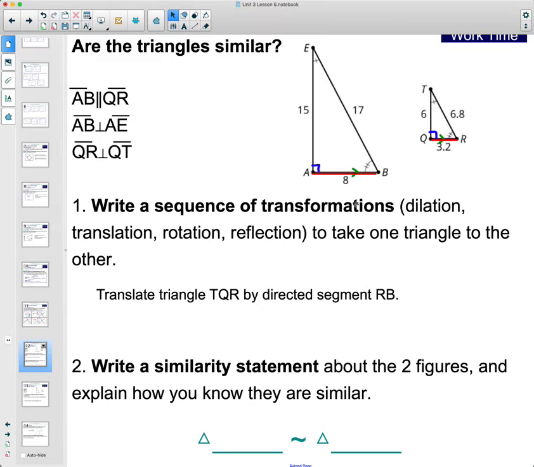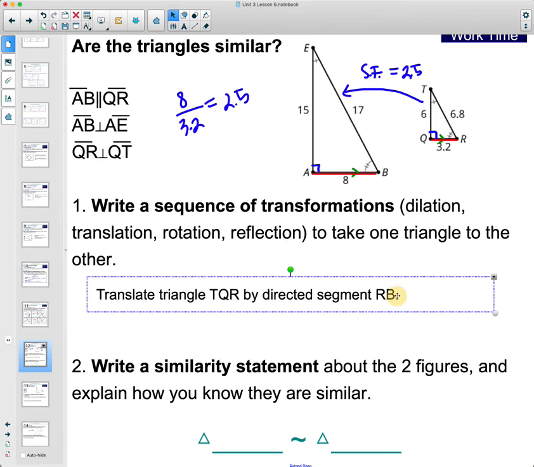So I'm just going to divide those. 8 divided by 3.2 will give me the scale factor that I need. 8 divided by 3.2 is 2.5. So that's going to give me the scale factor to bring this shape to this one, a scale factor of 2.5.